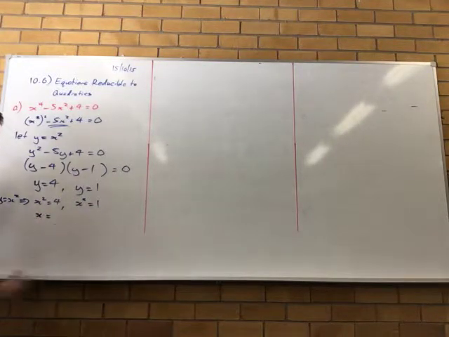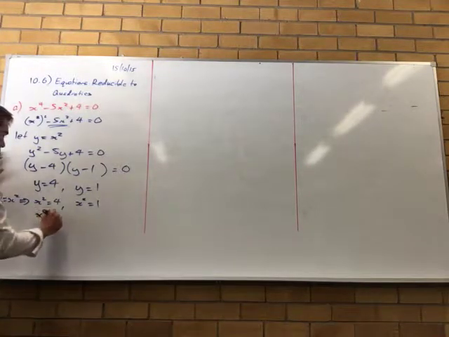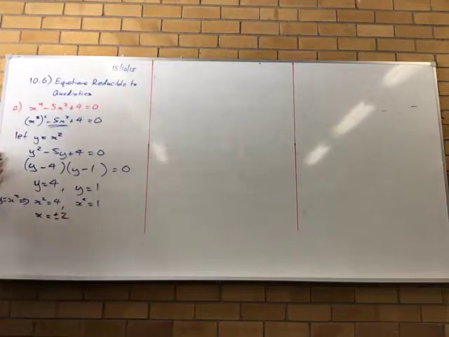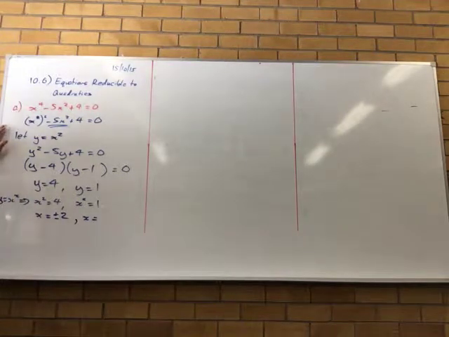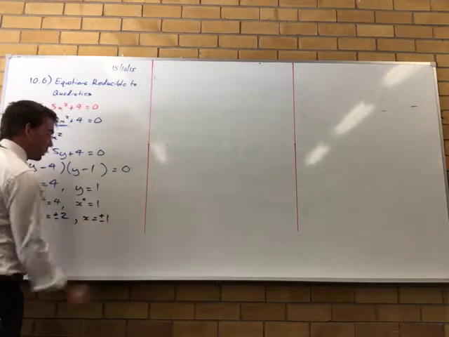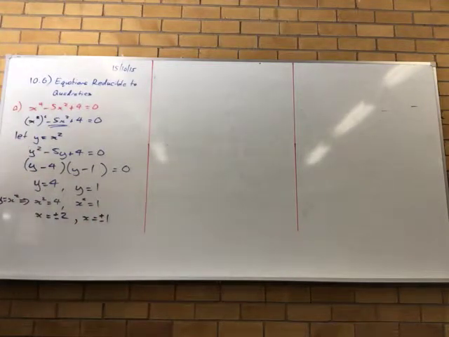So what are the solutions for x for this one? Plus or minus 2; don't forget your sign when you have the square root of a number. And for this one, x squared equals 1, x must equal plus or minus 1. So in other words, this degree 4 polynomial has 4 roots, meaning it crosses the x-axis 4 times.